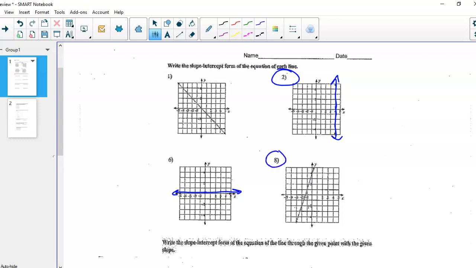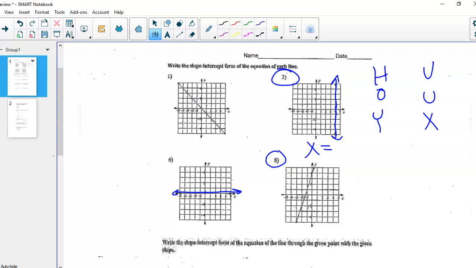All right, so for number 2, questions like 6 and 2, you need to remember Hoy bucks. Is this a horizontal or vertical line? Vertical. So that means it has an undefined slope, which means it's an x equals.